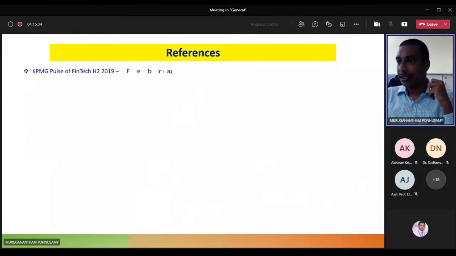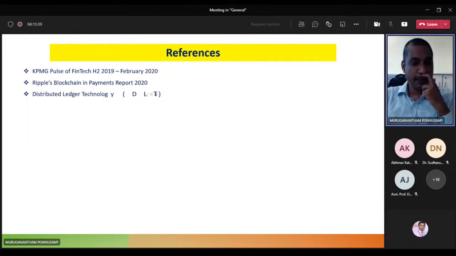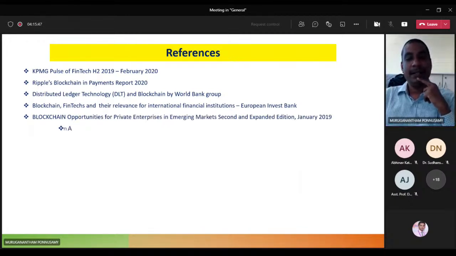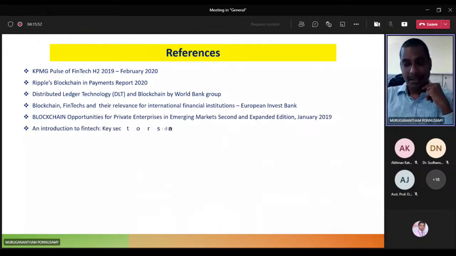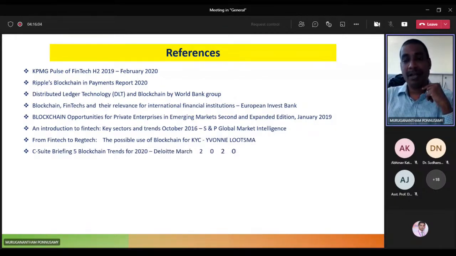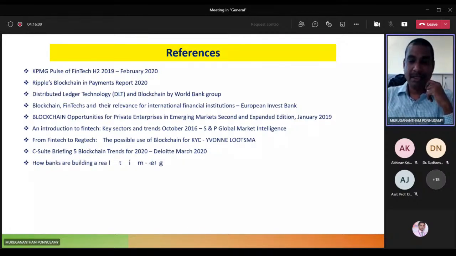For preparing this session, I have the following references. Starting from KPMG, Ripple, DLT by World Bank Group, BC FinTech by European Investment Bank, BC Opportunities, edition 2019, Introduction to FinTech by S&P Global Market Intelligence, FinTech to RegTech. I hope you can recall the term RegTech, by Ivani Lutsama. Pre-suit briefing 5 blockchain trends by Deloitte.